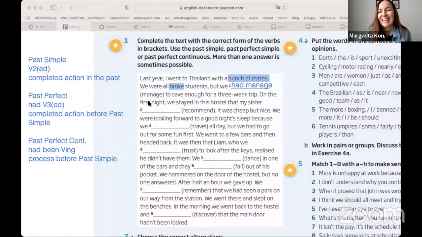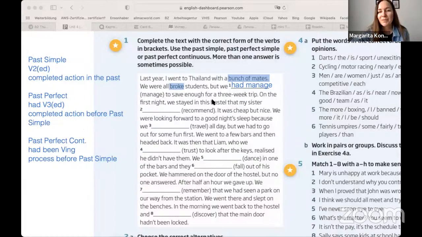That's right, went. And here is also a really good word, broke. We were all broke students. What is broke? Poor. Yes, very poor. Broke is translated as on the rocks, without any money at all. Yes, broke students, they didn't have any money.